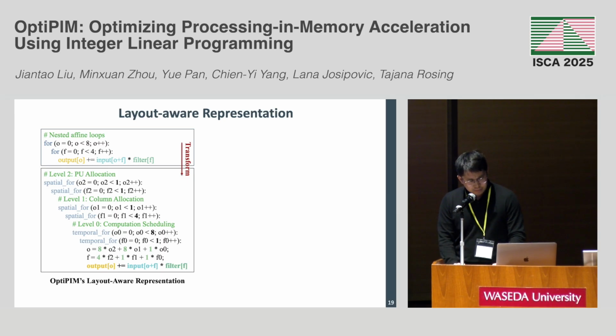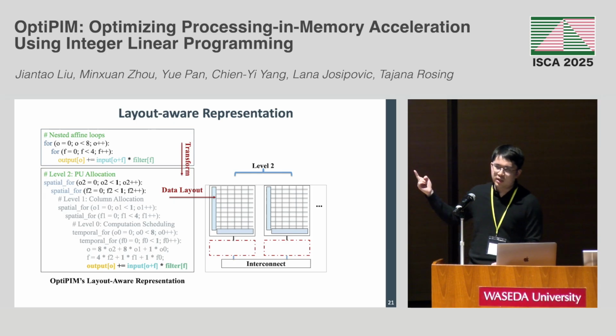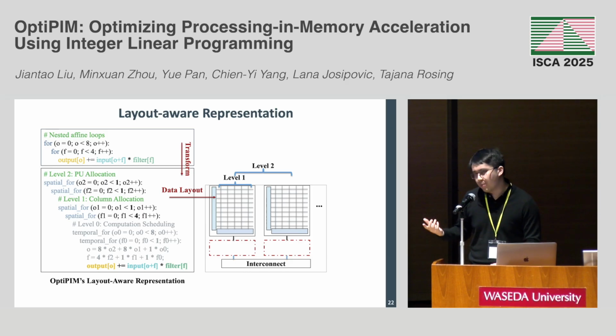Now, let's look at why we call this representation layout-aware. For the outermost loop, we call it PU allocation. This level determines how many PUs, or how many banks, are utilized during execution, and we can get the number of banks or PUs directly from the loop bound. So in this example, we have 1 times 1 bank utilized during the execution. The second level, level 1, we call column allocation.